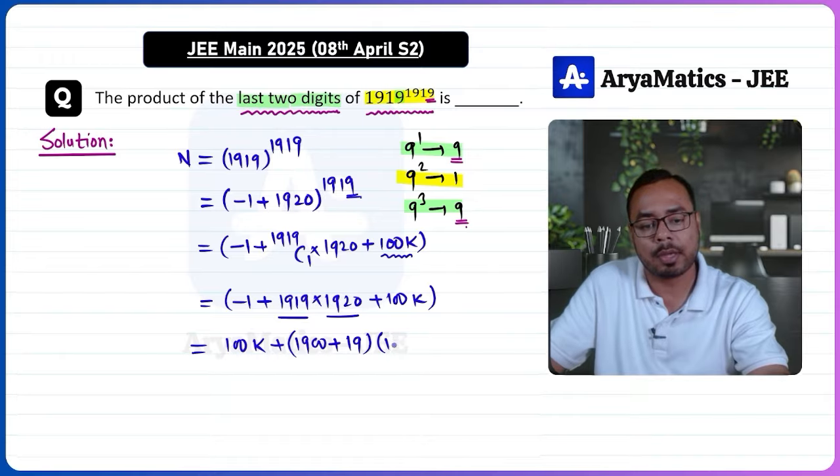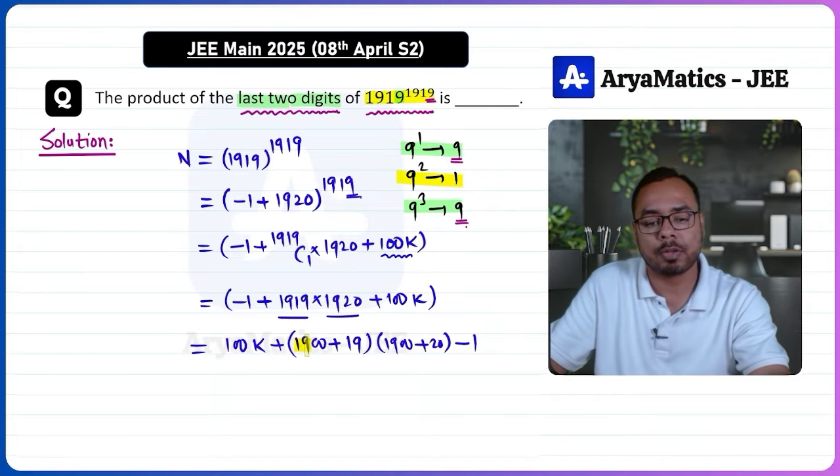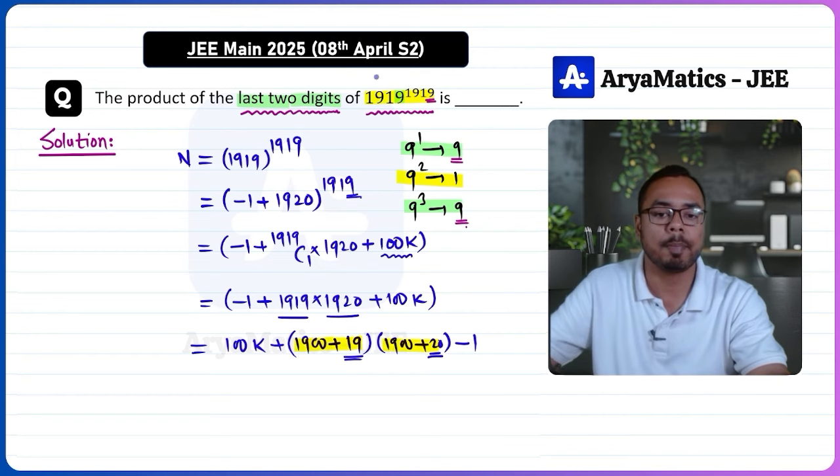And the other number you can write as 1900 plus 20, and then minus 1. Why are we writing in this form? Because when you multiply these two, you will get four terms, and only 19 into 20 is not a multiple of 100. All the other numbers will be multiples of 100, right?